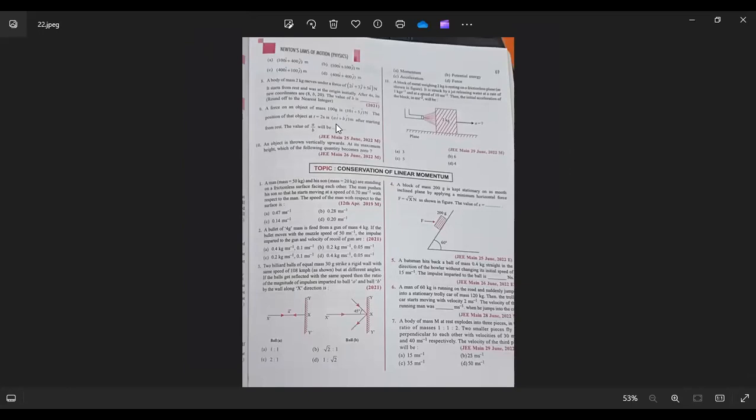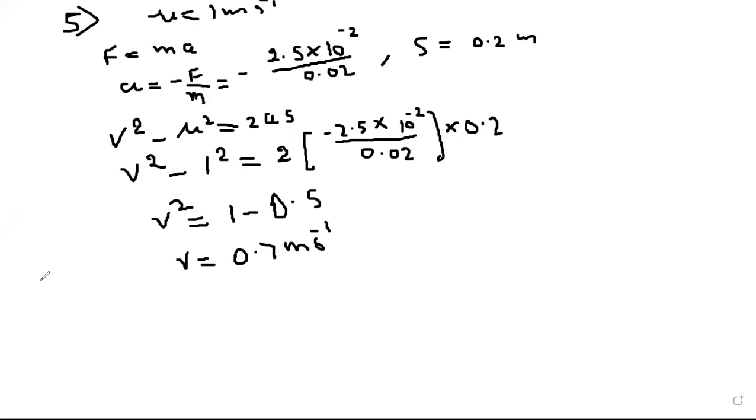So first of all, how to solve this question? Again, we share the plain sheet. On the plain sheet, we will share the question. First of all, we will use the relation for position vector r, the velocity displacement relation.